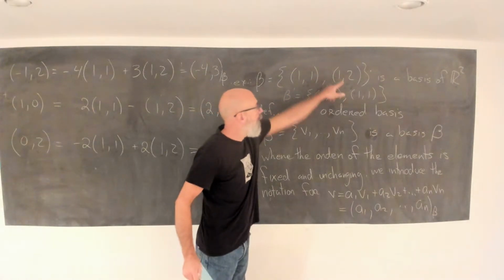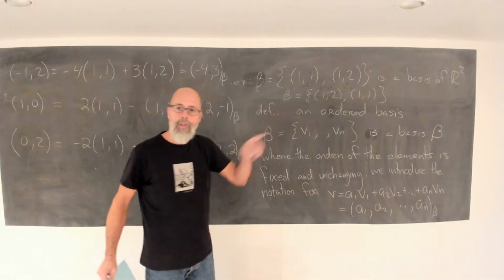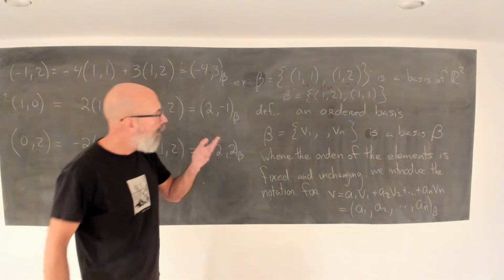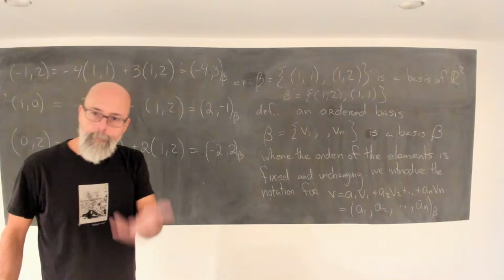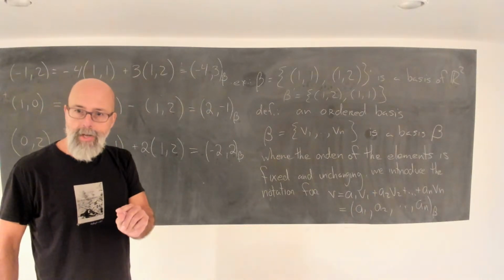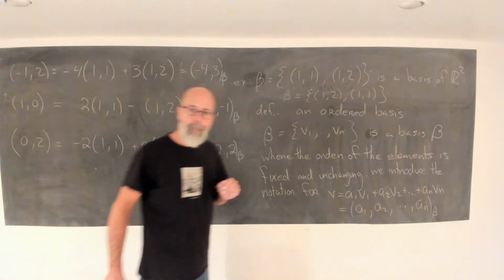So every element in here is an element in there and vice versa. So these two sets are equal as sets, or as bases, but not as ordered bases, right? Because the order is different.